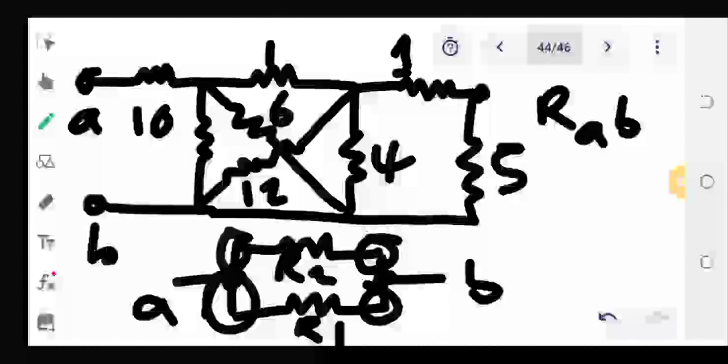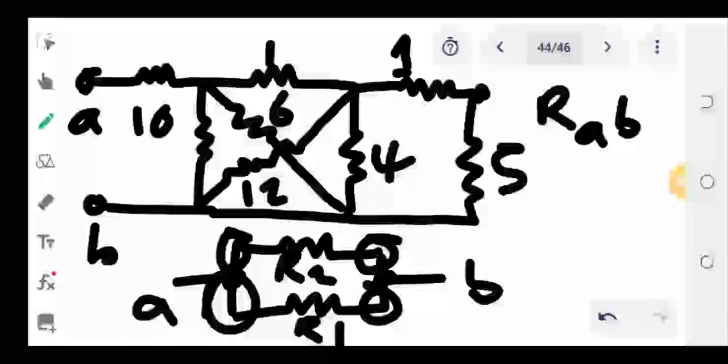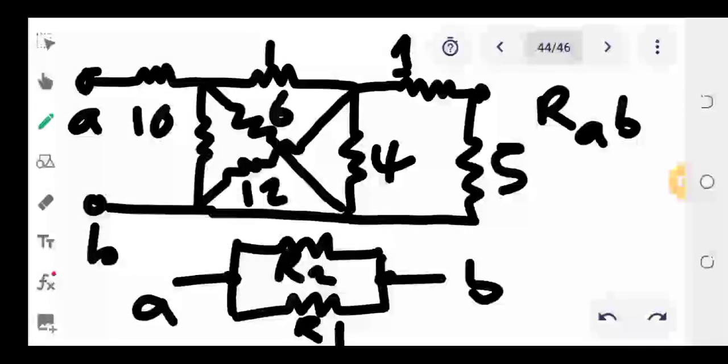So we do have the parallel arrangement in this case, because these two are sharing the same two nodes. So when two resistors share the same two nodes, we say they are in parallel, and when two resistors share a single node, they are in series.